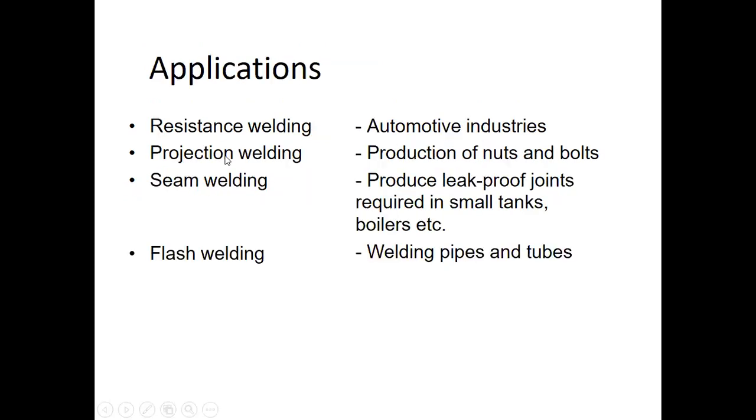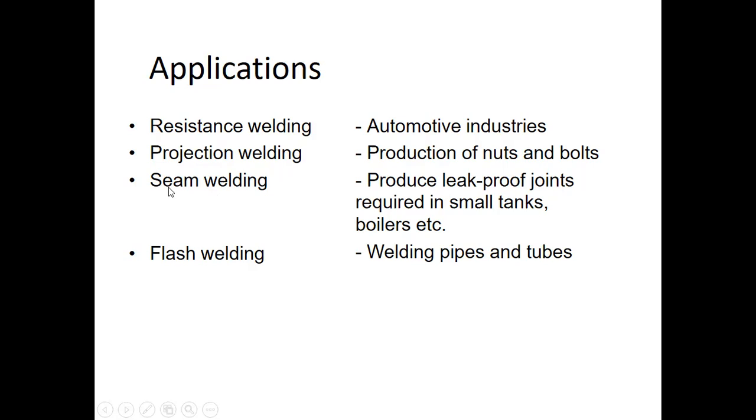As for the applications, resistance welding, as I said, is used in automotive industries, and that video will give you an idea of how it is used for sheet metal components. Projection welding is used for production of nuts and bolts.